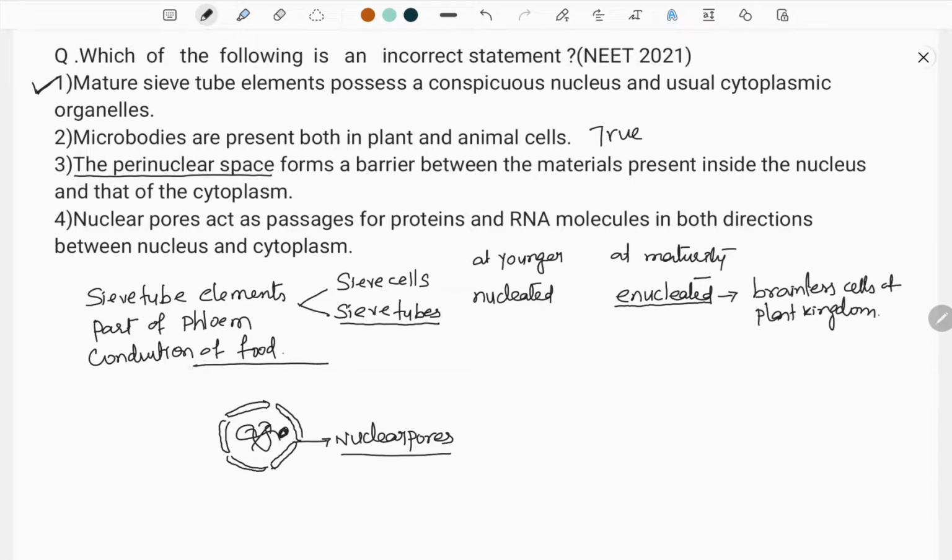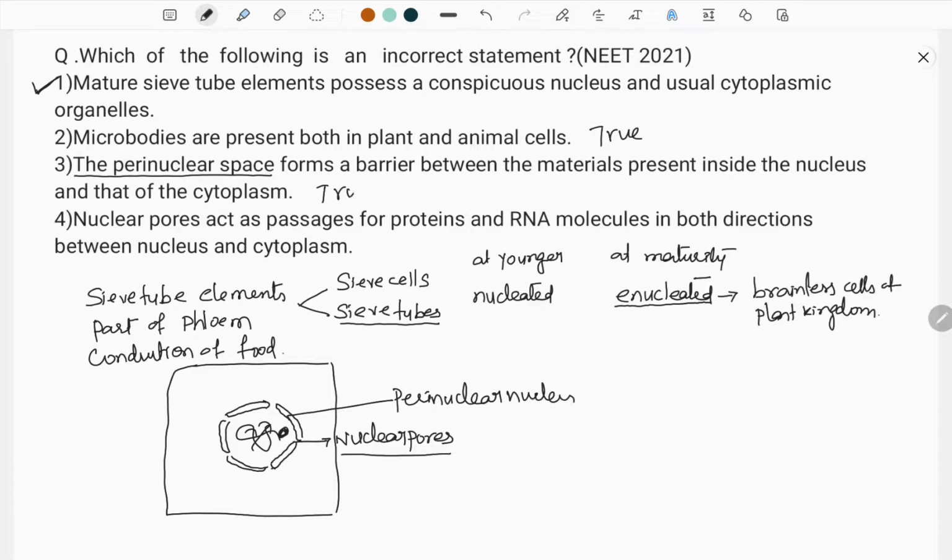In the third statement, the space in between two nuclear membranes is called the perinuclear space. This perinuclear space forms a barrier between the materials present inside the nucleus and outside the nucleus. So this is also the correct one.